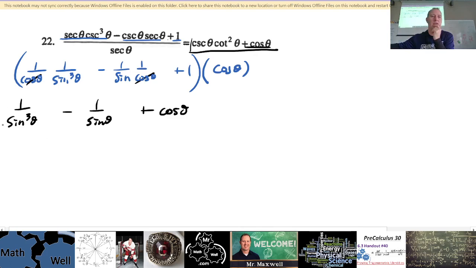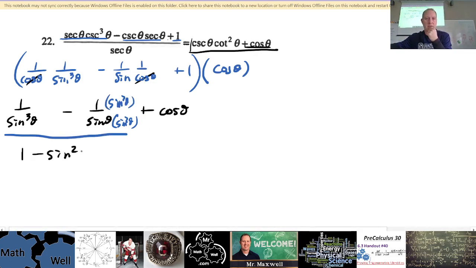Maybe I should try and combine these into one term. So let's multiply this one over here, get a common denominator. Let's do sine squared theta top and bottom. So I'm going to combine these two. So that's going to be 1 minus sine squared theta on top, and on the bottom I'm going to have sine cubed theta.